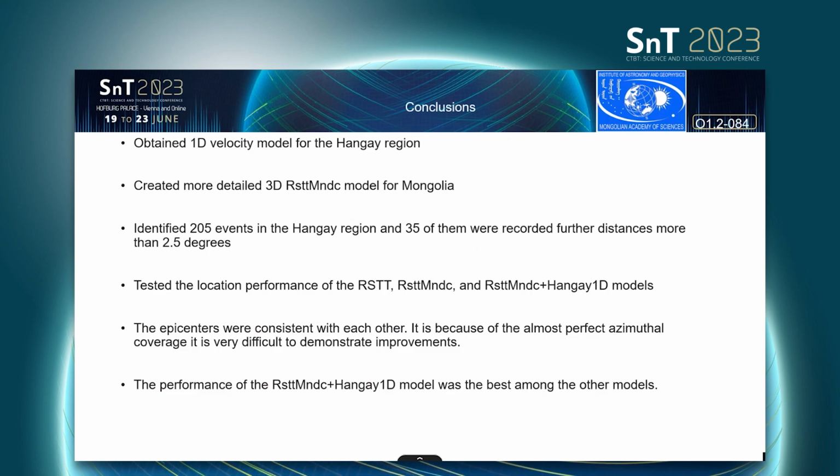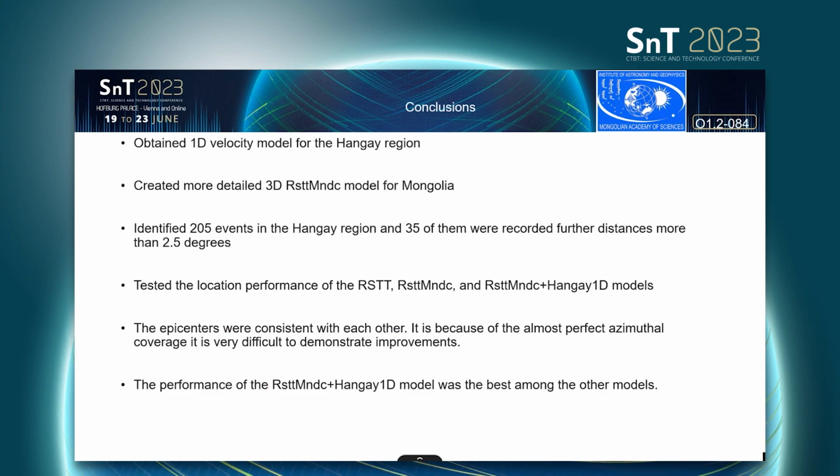Okay, we obtained the 1D velocity model for the Hangay region and created the enhanced 3D RSTT MNDC model for Mongolia, then identified 205 events in the Hangay region, and 35 of them were recorded at distances further than 2.5 degrees, and tested the location performance of these velocity models, and the epicenters were consistent with each other.